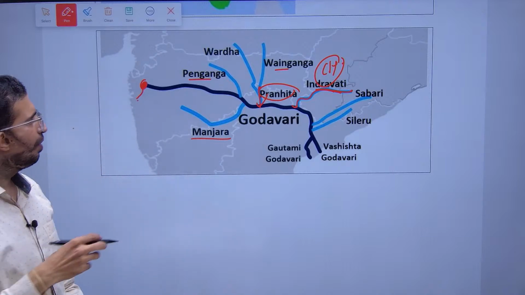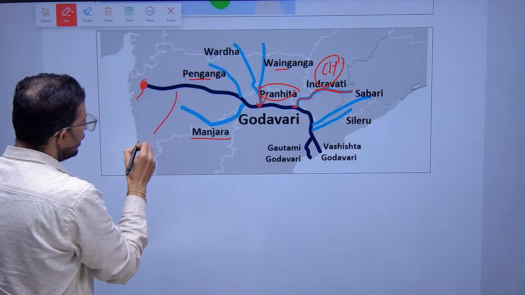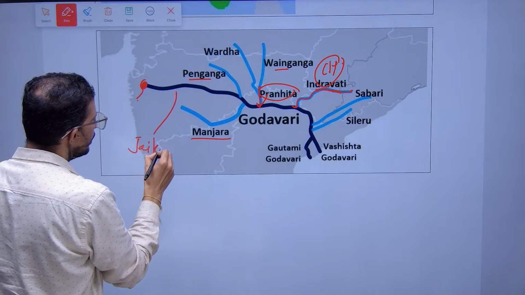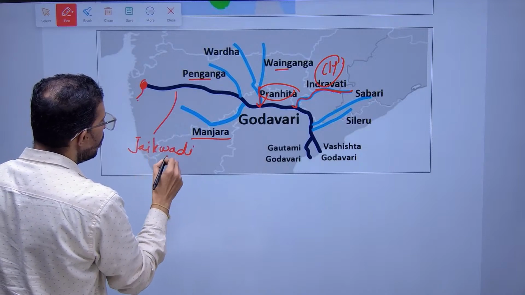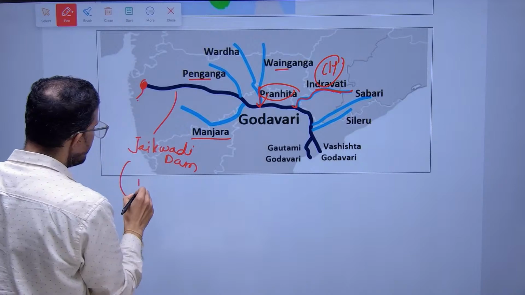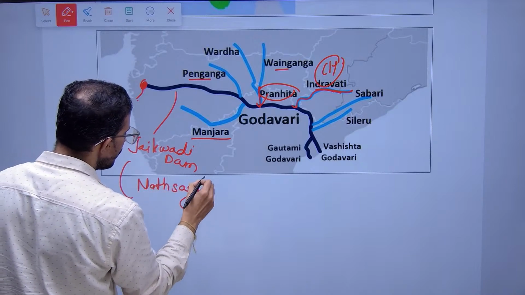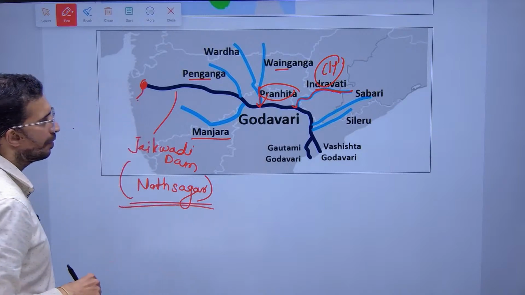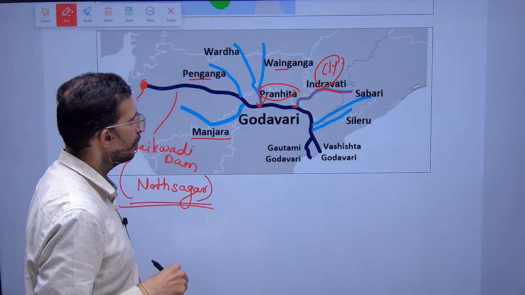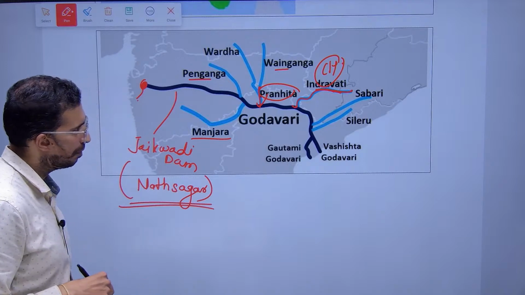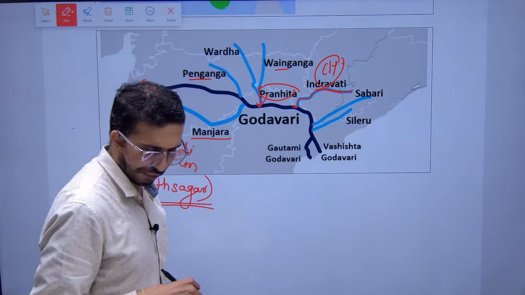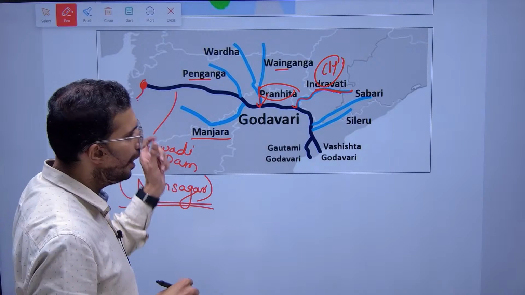On the Godavari river, there is the Jayakwadi dam, and the reservoir is known as the Nath Sagar. Paithan, Jayakwadi dam on the Godavari river.